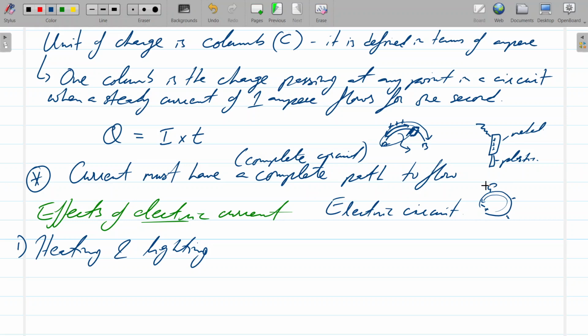That is an electric circuit. So one effect, and it's illustrated in the book, is heating and lighting. The current that is flowing causes a lamp that is connected in the circuit to light up, and it also becomes hot.